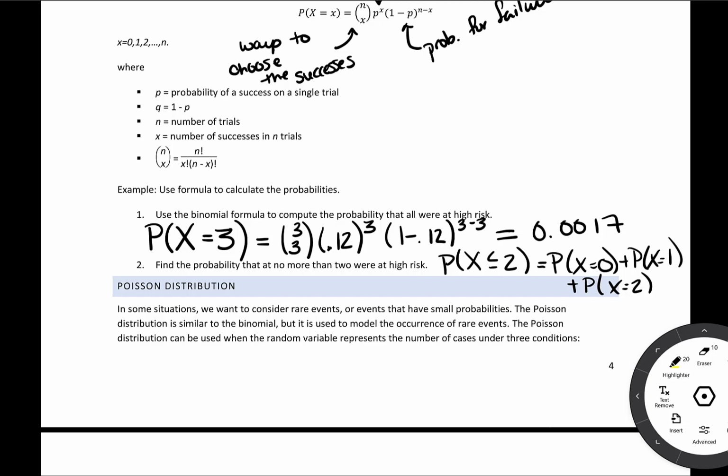You would do the same thing that we did up here and fill in that formula. I'm going to leave you to try that on your own, and I'll tell you what the answer should be. You should find 0.9983. On your version, I'm going to move the Poisson distribution down to the next page so you've got some room to work that.